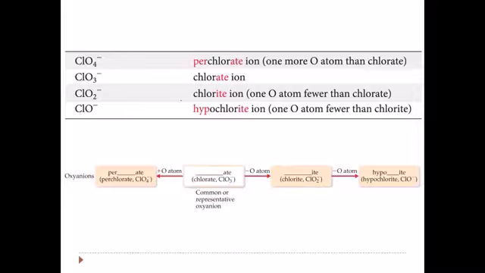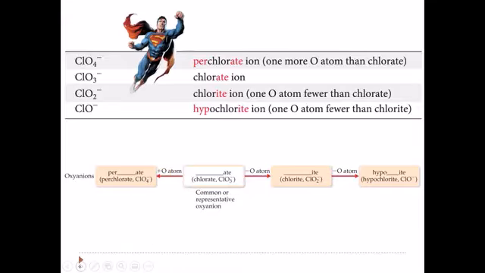And then we have ClO minus, which is hypochlorite. So perchlorate, chlorate, chlorite, hypochlorite. And these polyatomic ions with oxygen atoms are called oxyanions.